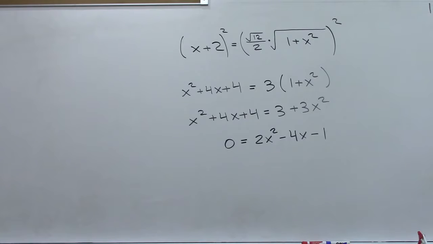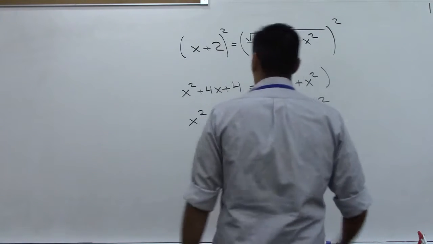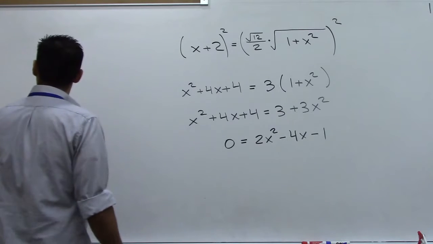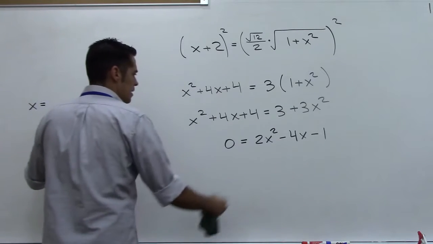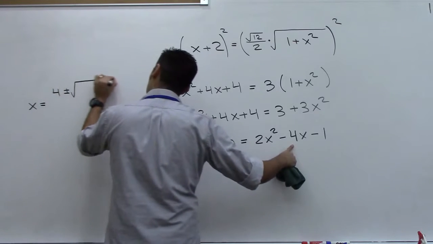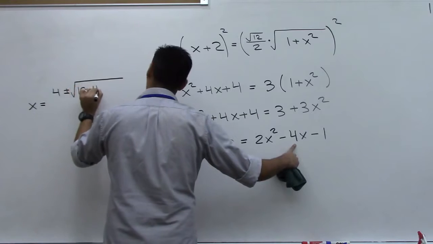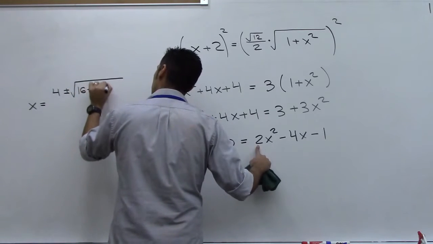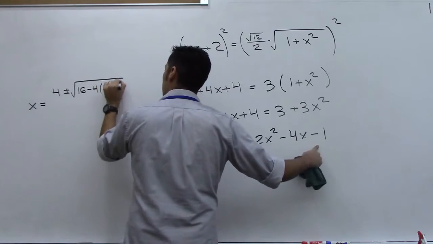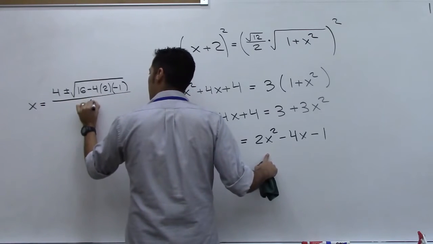Okay, so when I use the quadratic formula on this, it's not going to factor. I get x is equal to negative b, which is 4, plus or minus the square root of b squared, which is 16, minus 4 times a, which is 2, times c, which is negative 1, all over 2 times a, which is 2.